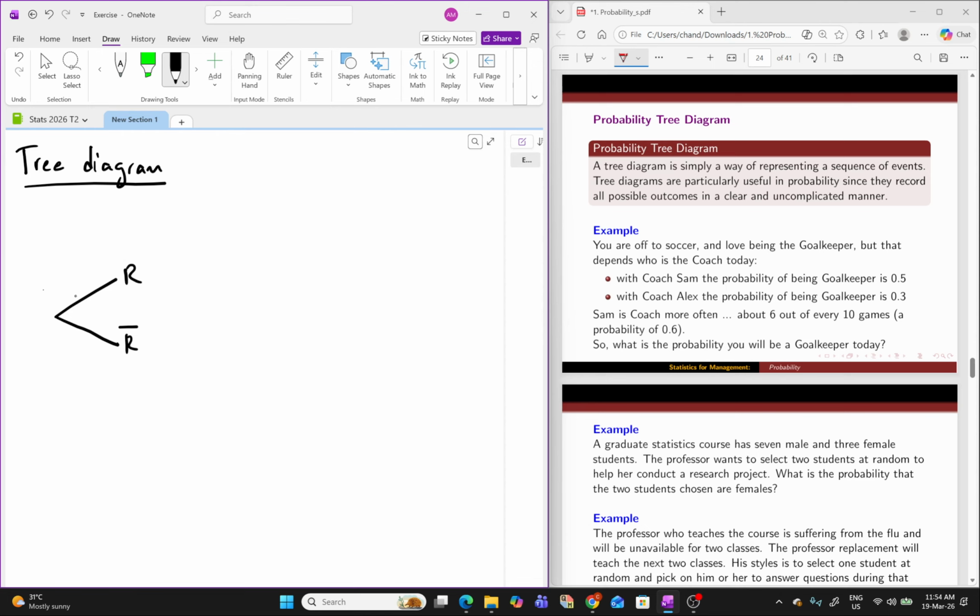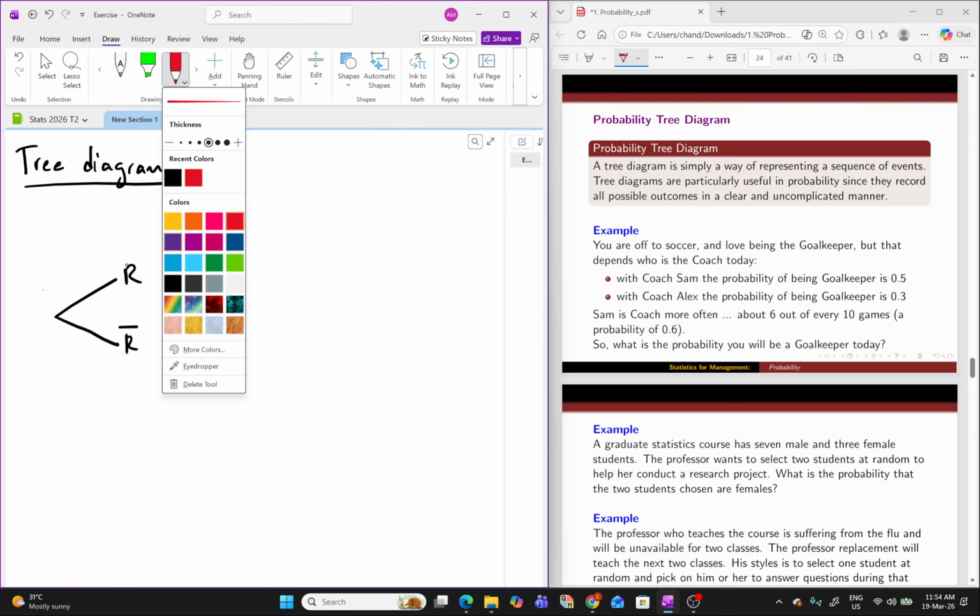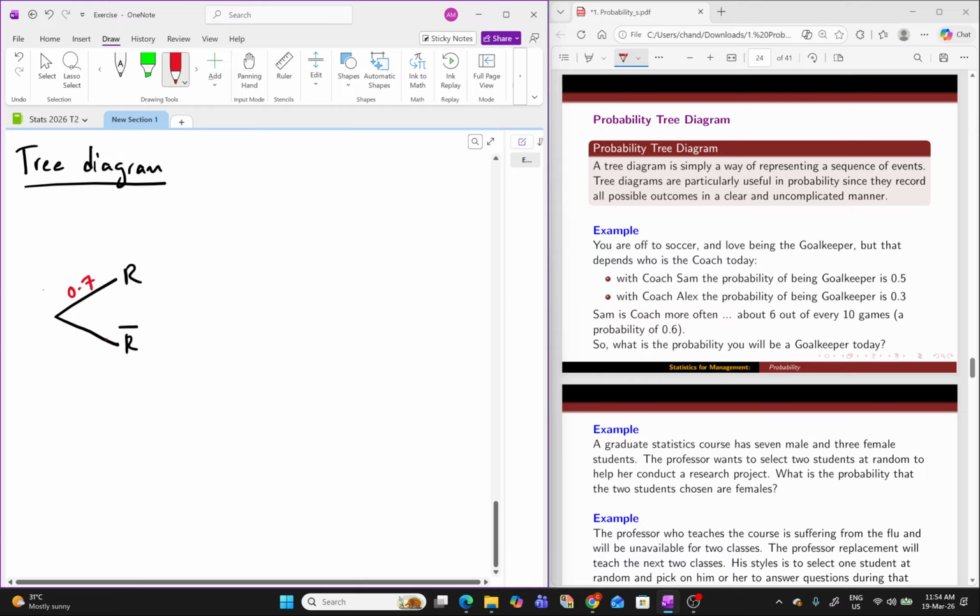The probability of raining is, let's say, 0.7, and the probability of not raining is 0.3. For the branches coming out from the same node, if you add the probabilities, the total must be 1. Remember that. So if I say this is 0.7, automatically you should know this is 0.3.